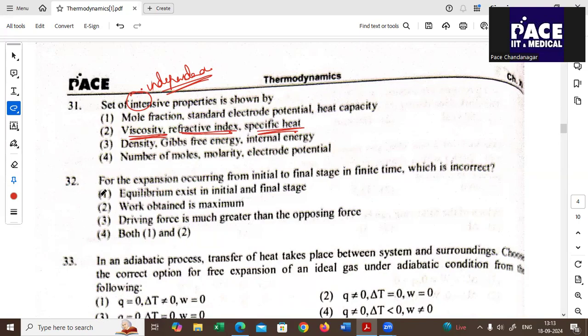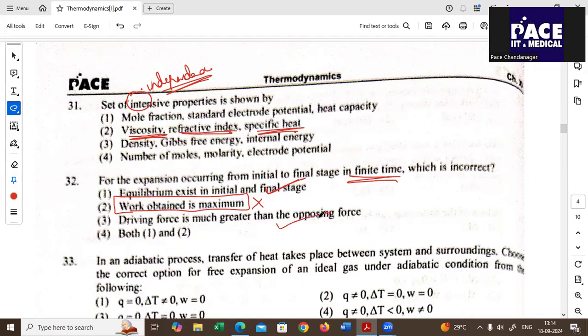Next, coming to 32, for the expression occurring from initial to the final stage in finite time. Finite time is your irreversible process, so that is incorrect. Work obtained is maximum, this is incorrect. Equilibrium exists, which is right, but only in the initial and the final stage, not everywhere.